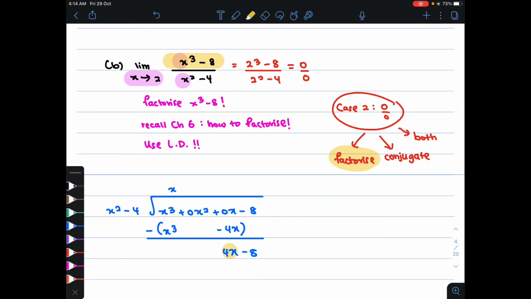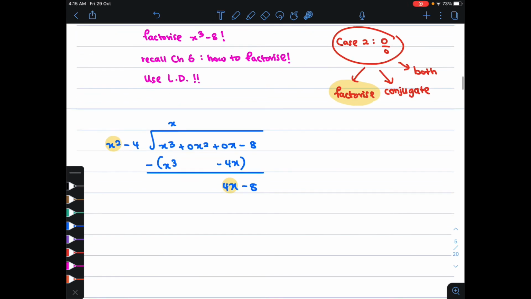The highest degree is 1 here and the highest degree is 2 in the denominator. Therefore, the highest degree for the remainder is less than the highest degree in the denominator, so we will stop here and write in the form of p(x) over d(x) equal to q(x) plus r(x) over d(x).